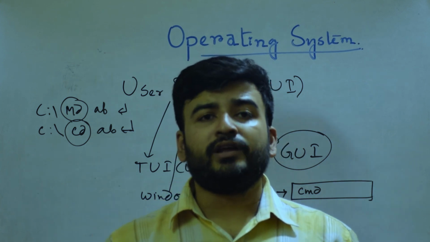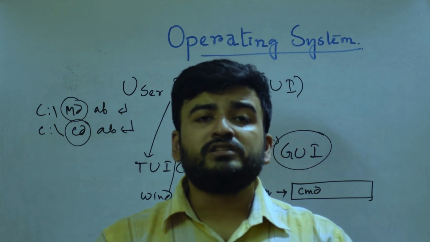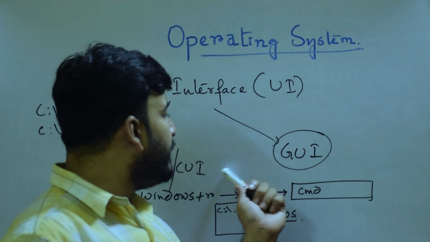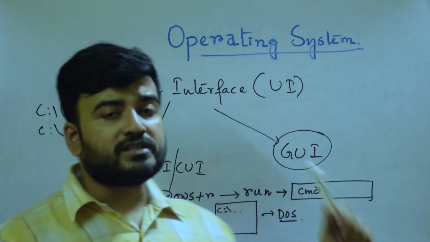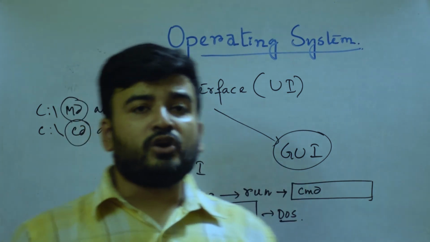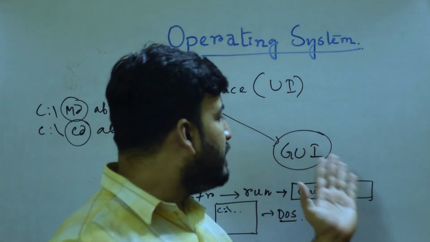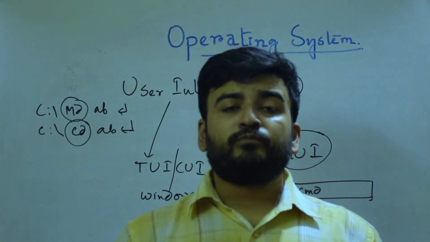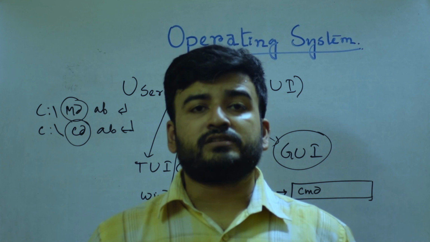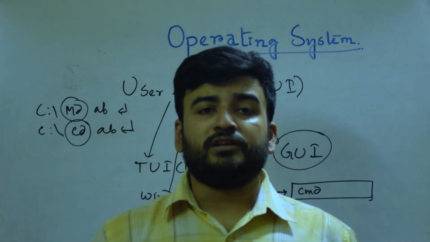If we want to create a folder, we can easily right click, then New, and go to Folder. So this is the main difference between these two types of user interface. The CUI is not a user-friendly interface, whereas the GUI is the most user-friendly interface.